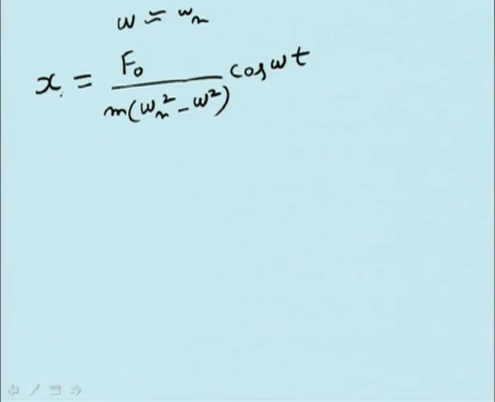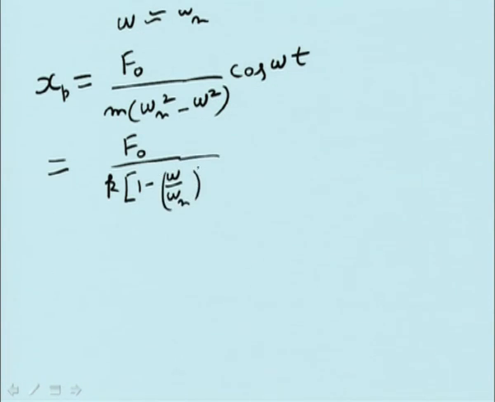This is the particular integral, and this can be written as F0 divided by k times 1 minus (omega by omega n) whole square, and this is cos omega t.